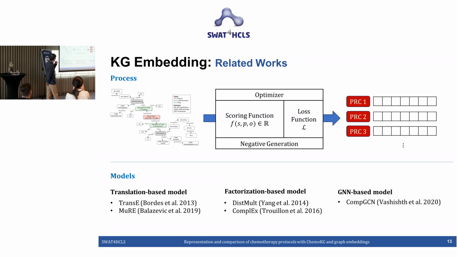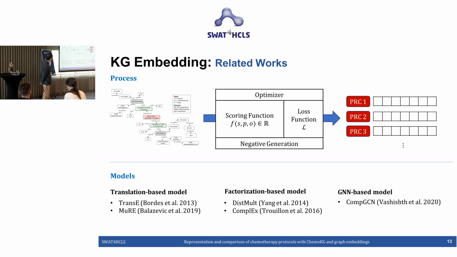If you know any models for knowledge graph embeddings, there are, we can say, three kinds of knowledge graph embedding models. For instance, the translation-based models are translations between vectors. If we have head, relation, and tail, then head plus relation is trying to be similar to the tail.